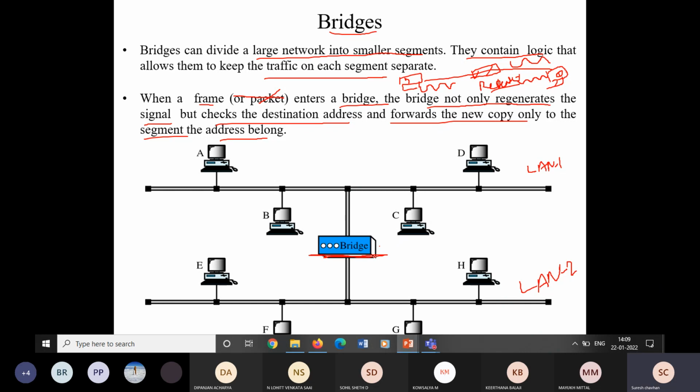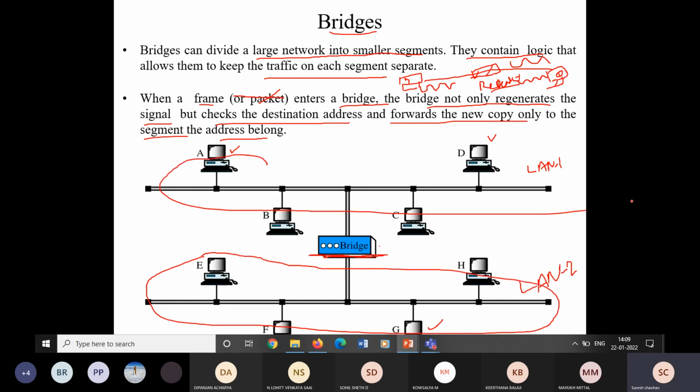Suppose A wants to send some information to D, there is no need of the bridge, right? It can directly send the information, so no issue there. But suppose A wants to send data to the node G, then we need a bridge, right? Because this is a different LAN.